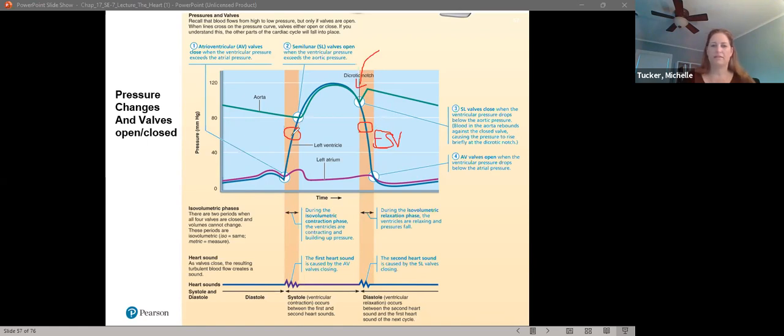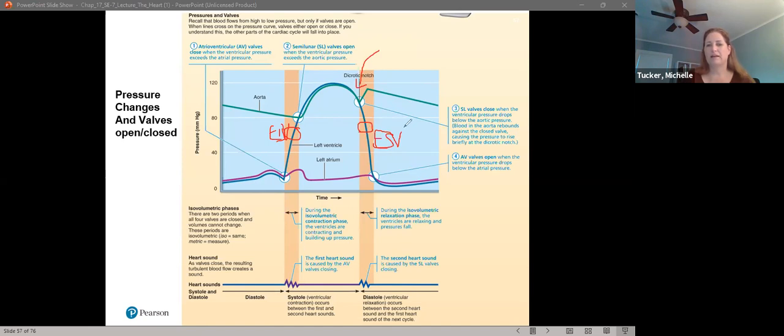So we have end diastolic volume and isovolumetric contraction occurring. End diastolic volume is the end of the first phase. Isovolumetric contraction is the start of the second phase. Ventricular ejection.